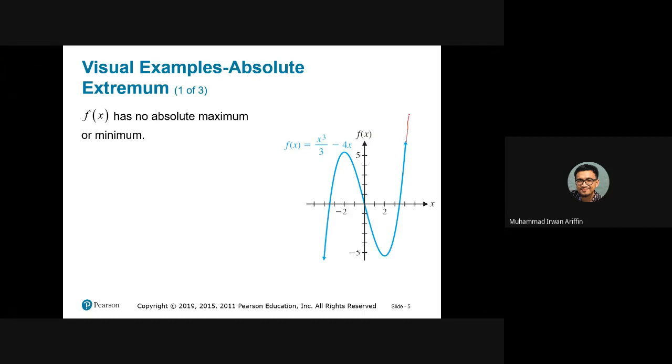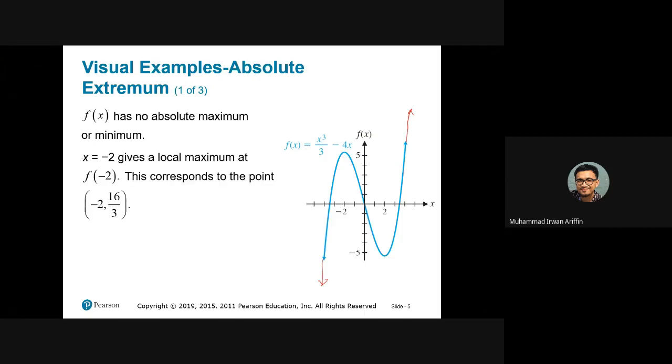This graph continues further up, and this is not the lowest point either. However, this graph has a local maximum at x equals -2, because within this locality, this is the highest point.